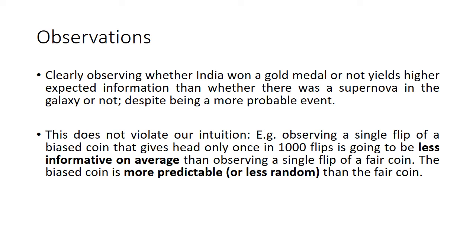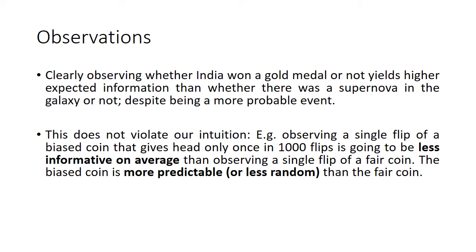Now with the unbiased or fair coin, you get a head or you get a tail, and you absolutely don't know in advance. It's completely random. Whereas with the biased coin, you can pretty much say beforehand that it's going to be a tail. It is much more likely to flip a tail than a head, and therefore much more predictable, and therefore a lot less random.